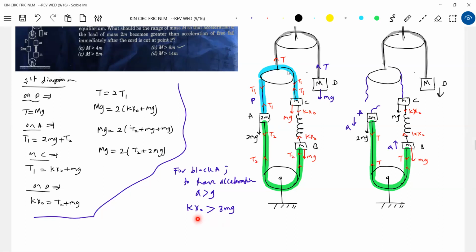Okay, this kx naught value will not change. How much was it equal to? T2. How to introduce from here further, after this, what to do? What is the relation between capital M and small m, and how to introduce capital M? So kx naught, shall we write it as T2 plus mg, the initial value we know.